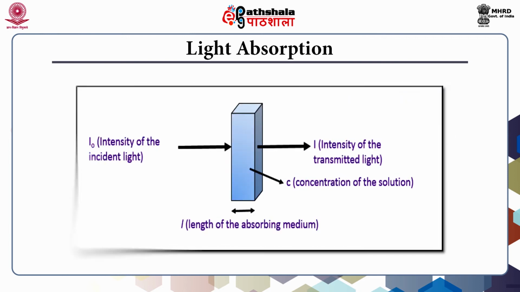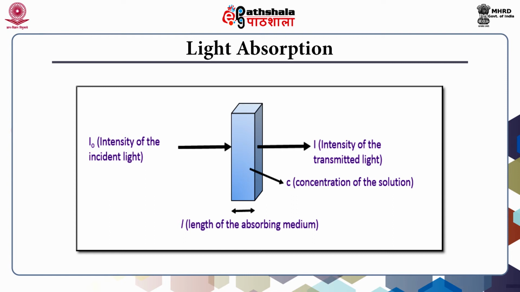The relationship between the intensity of transmitted light and incident light depends on the path length of the absorbing medium and concentration of the absorbing solution. These factors are related in the Beer-Lambert's law. Intensity of the transmitted light, denoted by I, is always less than the intensity of the incident light, denoted by I naught.